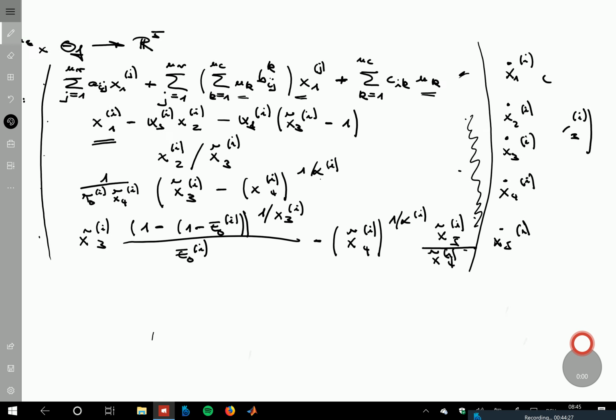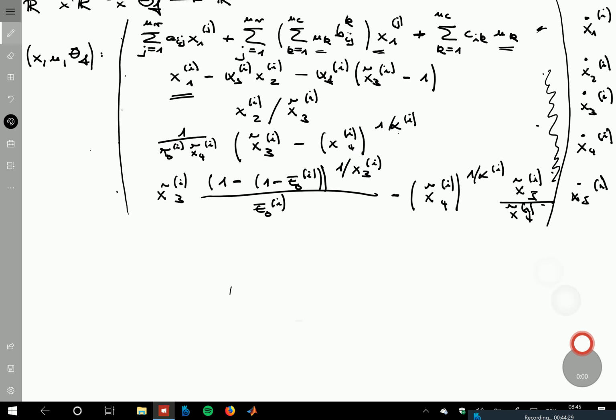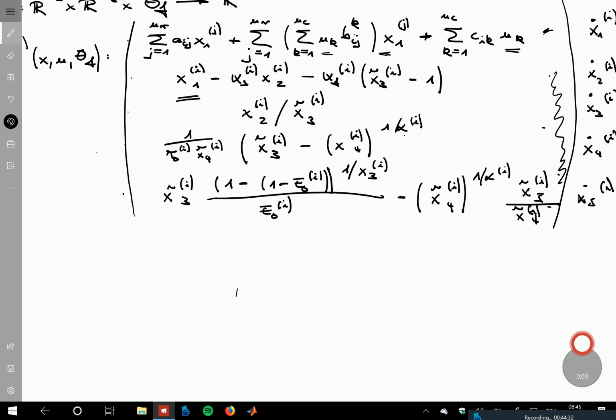Before we take a break, let's briefly, based on this, concatenate the parameters. So what is theta f? Theta f is the set of all these parameters that are in there. They're a_ij, where i and j, Python style, go from 1 to number of regions.